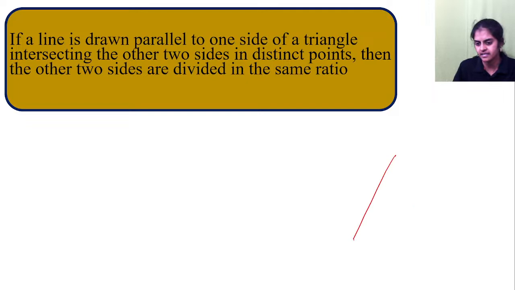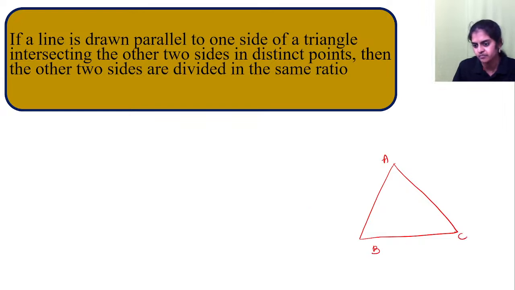If this is the triangle ABC, okay, if I'm drawing a line parallel to one side of a triangle, so this line DE is parallel to one side. Out of three sides in the triangle, it is parallel to BC. Okay, so if you're drawing such a line, that line will intersect the other two sides.